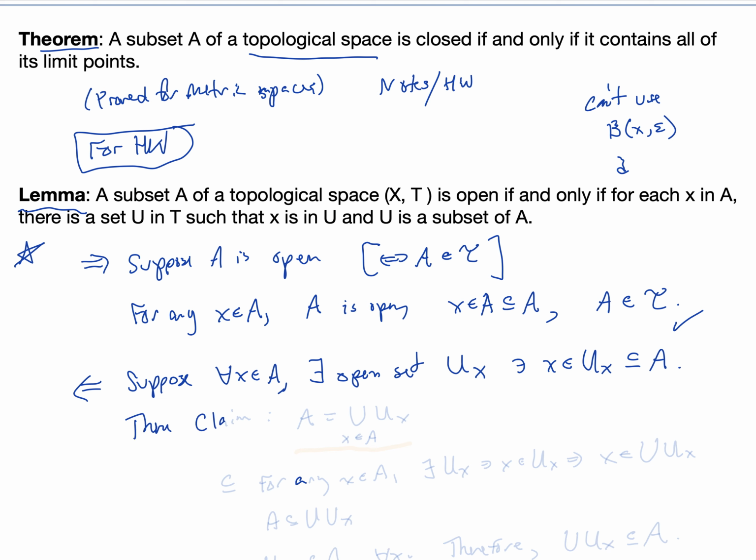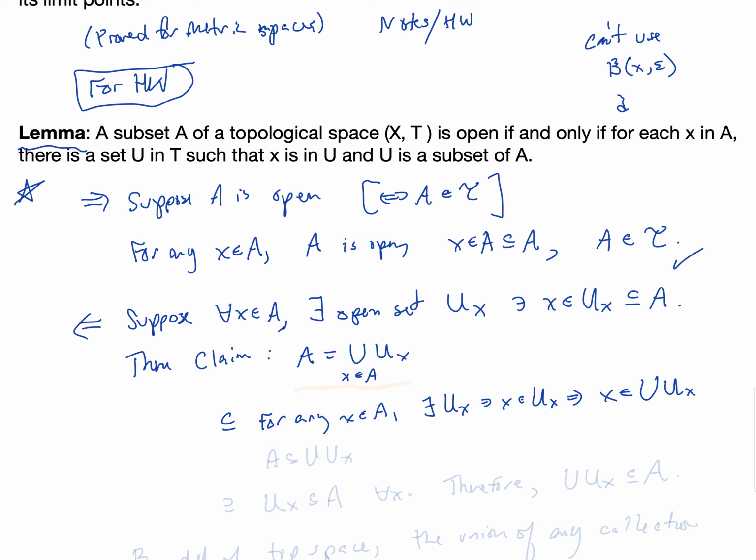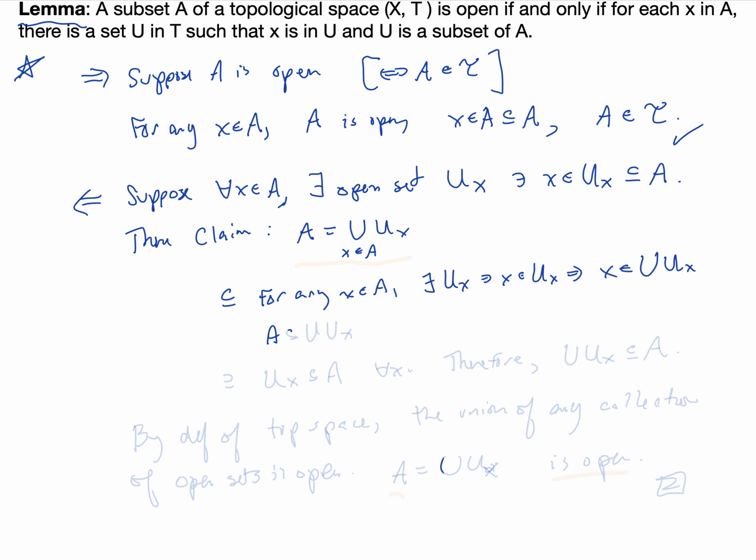Then our claim is that A is equal to the union of all these U sub x's for all x in A. To show that A is a subset of that, for any x in A, we're already saying that there exists this U sub x such that x is in U sub x. That's how U sub x is defined. So x is in the union of these U sub x's. And that tells us that, yes, A is contained in the union of the U sub x's.